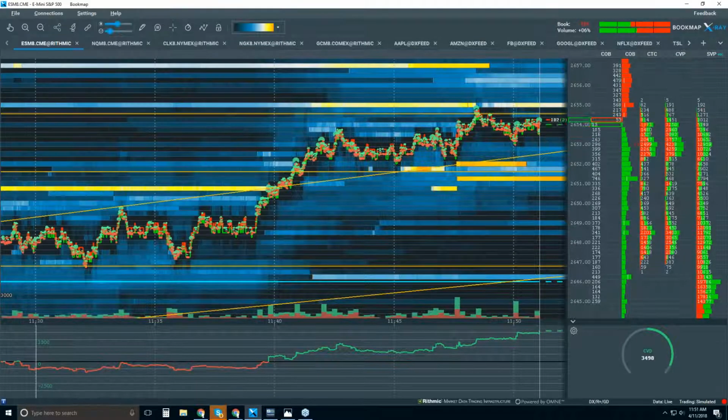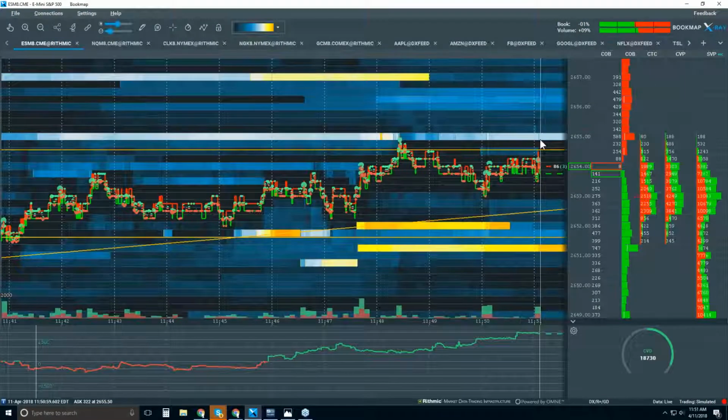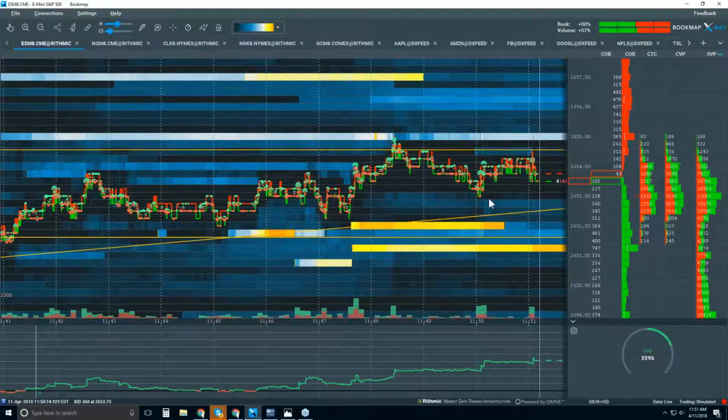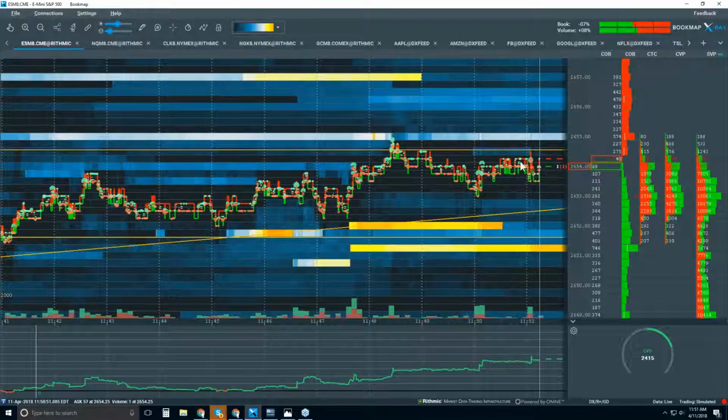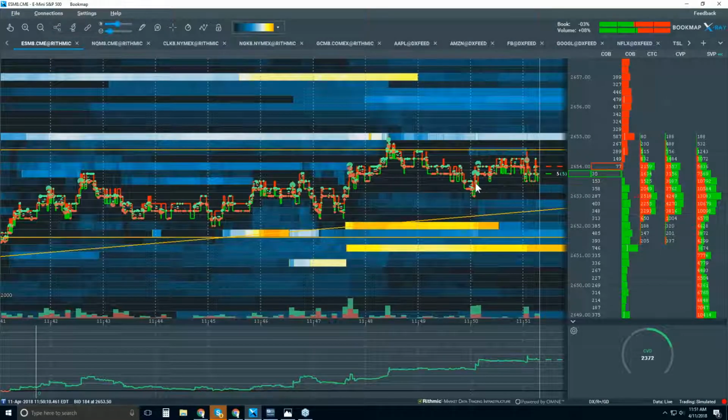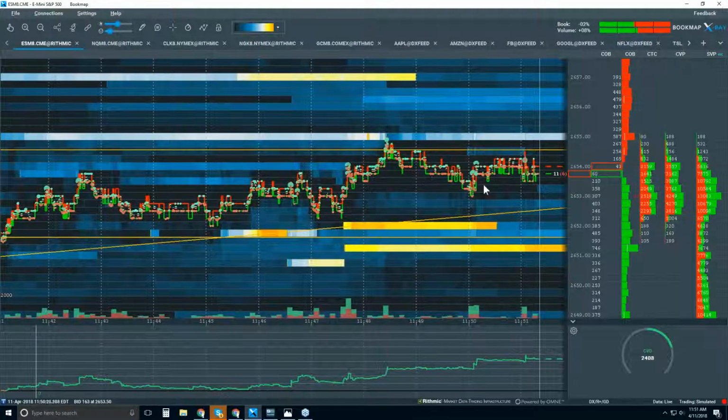All right, yeah, we're finding a little bit of a battle here. Okay, but look how we came up here and we're not trading up into this area. Okay, not seeing sellers on the other side yet, not a lot.